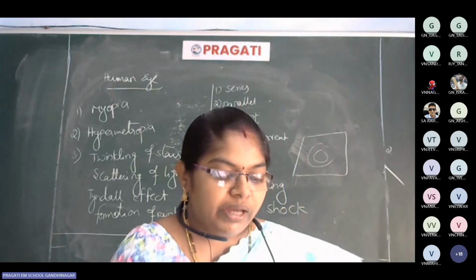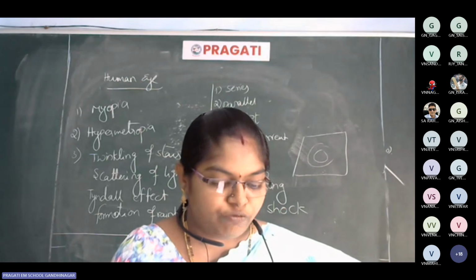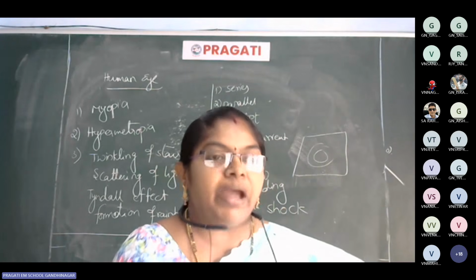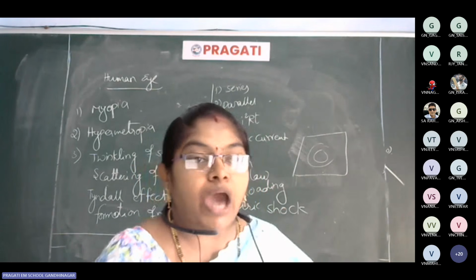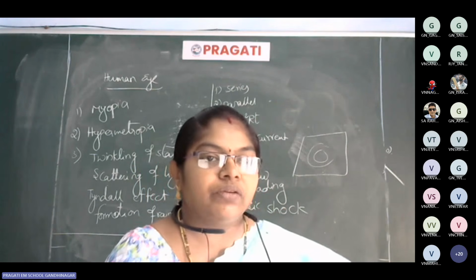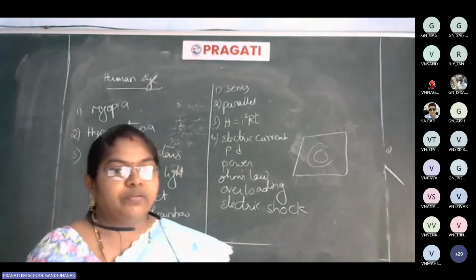Describe with the help of a diagram an activity to show a current carrying conductor experiences a force when placed in a magnetic field. I think this is the last activity in the magnetic effects, the horseshoe magnet we have. In this, he covered 4 activities.